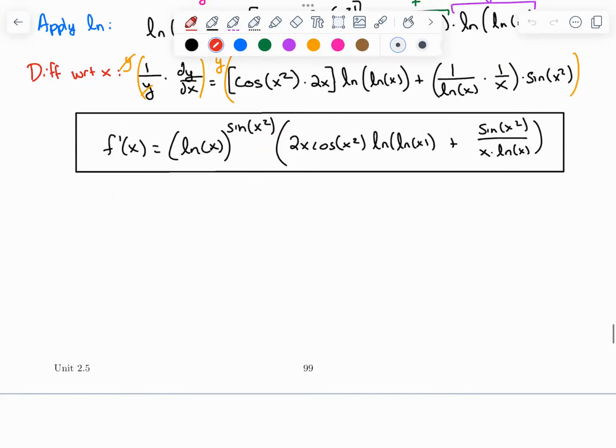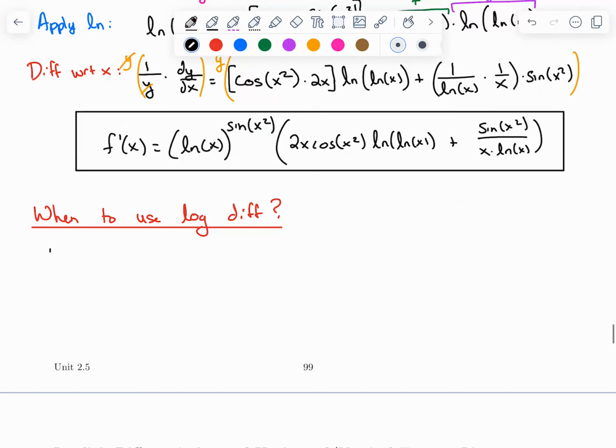So when to use logarithmic differentiation? When should you use this process? Number one, like the thing we previously saw last time, which was an insane amount of product and quotient rules.